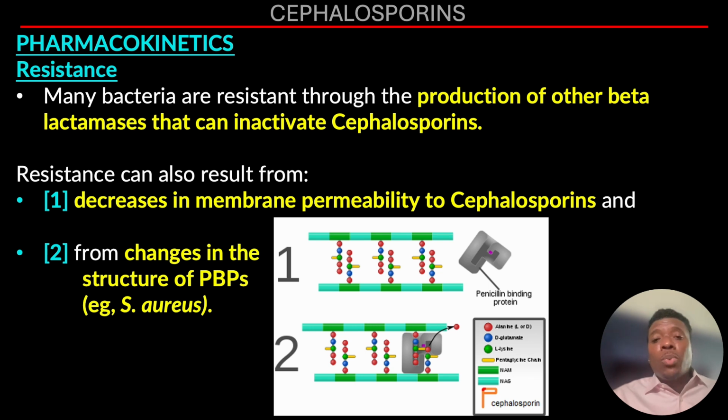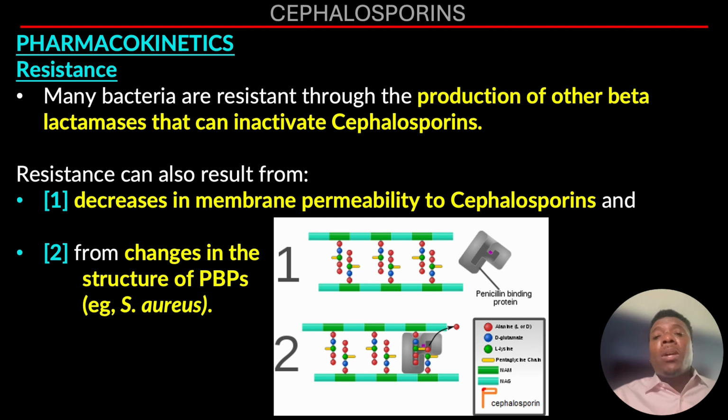Now, there's always a war between us and the bacteria. We're always trying to make antibiotics to fight the bacteria. The bacteria always tries to evolve to evade our antibiotics. So the ways that you get resistance, besides being bad stewards of antibiotics and our patients not taking them fully, is that these bacteria can produce other beta-lactamase that can inactivate cephalosporins.